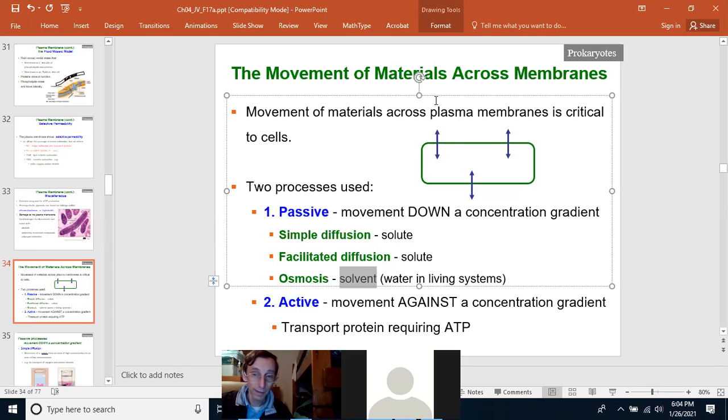In fact, it's moving against diffusion. And so the movement of one glucose molecule into the cell will require the energy from 1 ATP to move that glucose molecule into the cell. And that's what an active transport is. Any question about the movement of materials across a membrane?